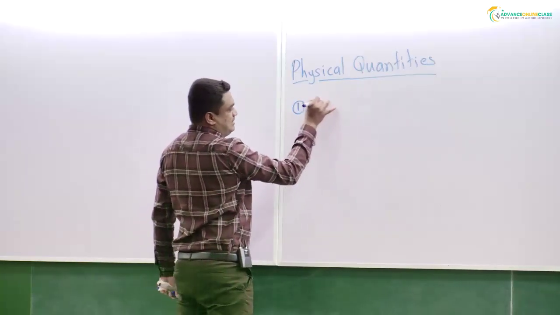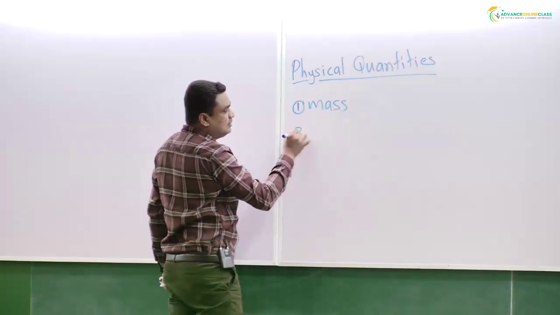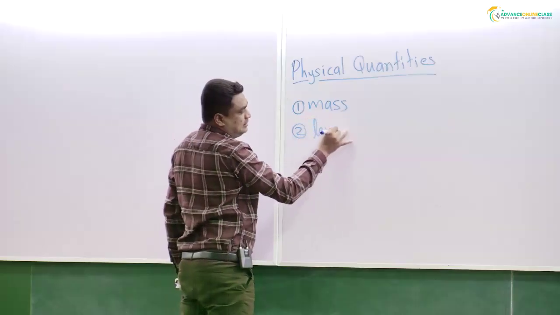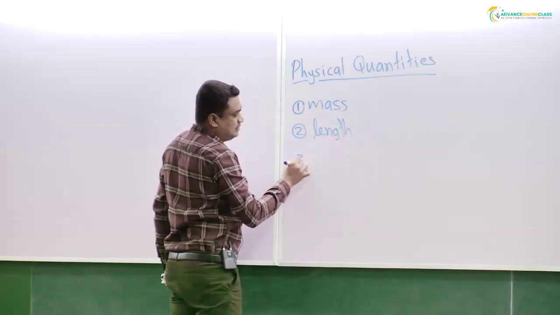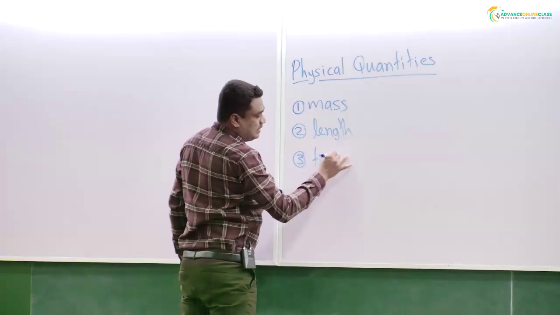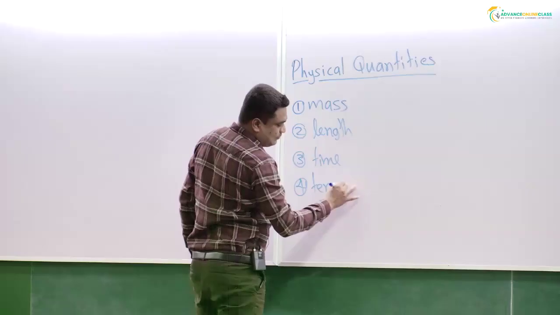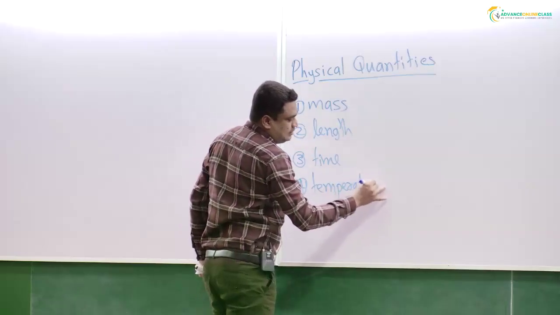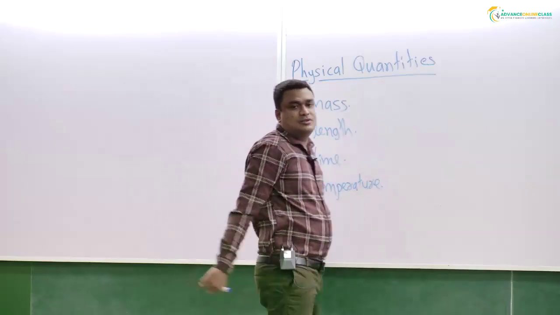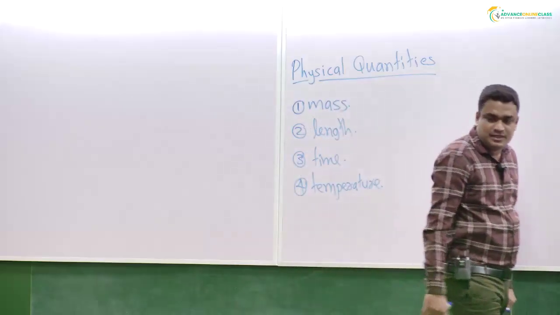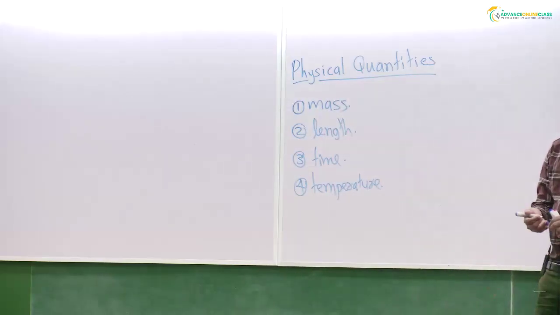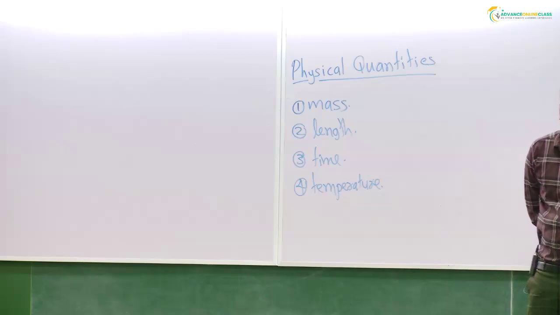Mass, length, time, temperature. You can measure these things. So if you can measure something directly or indirectly, it is said to be a physical quantity.